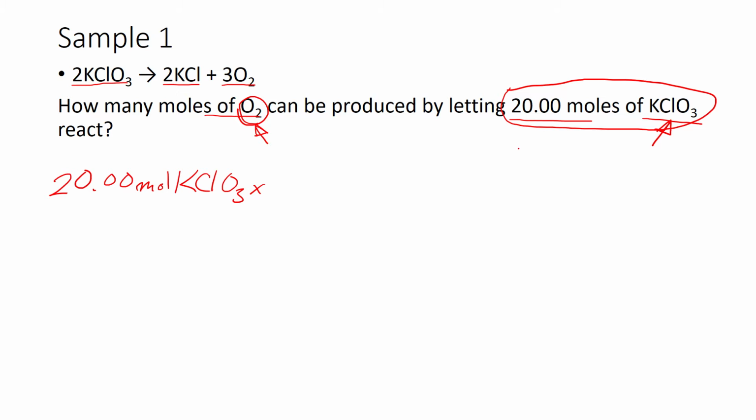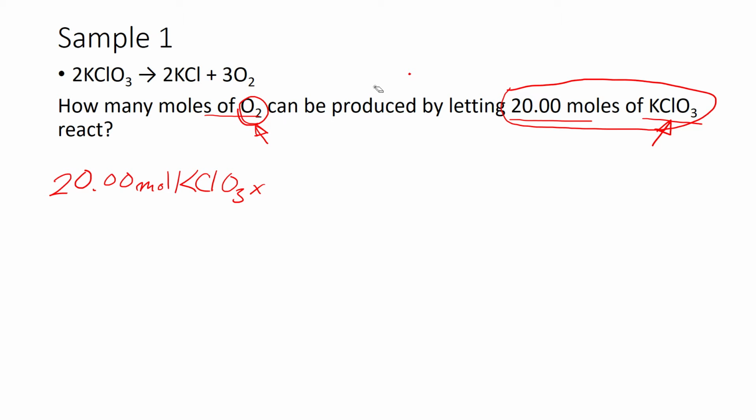O2. When we switch from one chemical to the other, we rely on a balanced chemical equation, which is provided up here. And by looking at this chemical equation, you can see that for every 2 potassium chlorates, there are 3 oxygens.